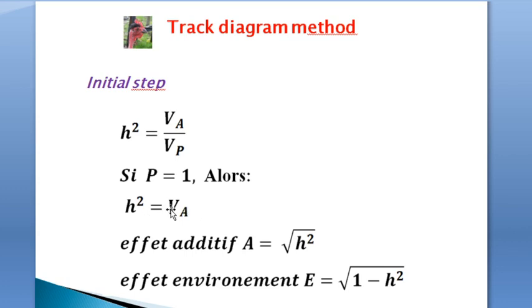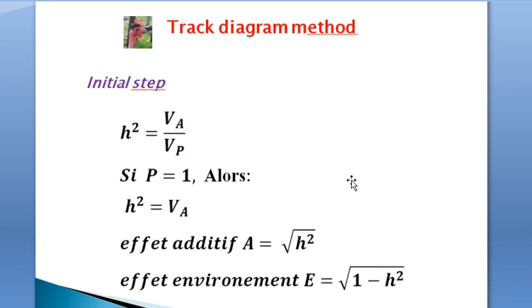Now, if heritability is equal to additive variance, the additive effect, that is A, would be equal to the square root of the additive variance, and is equal to the square root of the heritability, and that's how we came out with the formula of the additive effect.